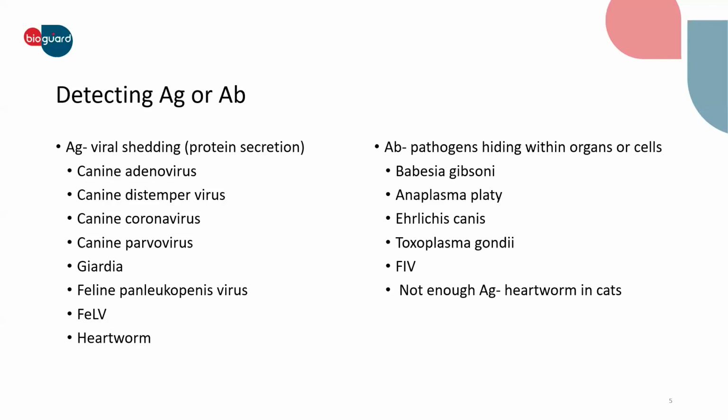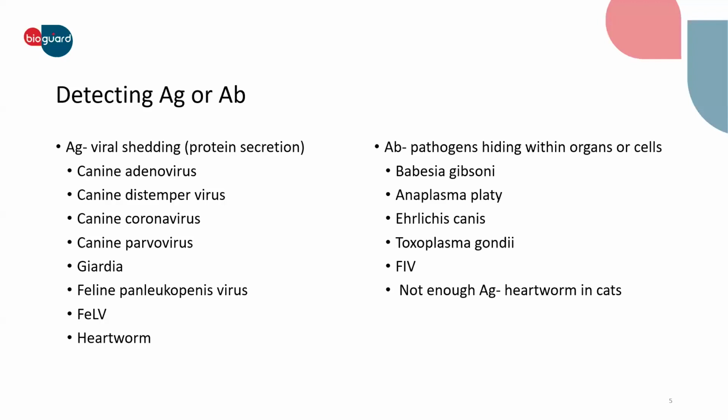Instead, detecting the antibody is easier, especially since there's no vaccine for Toxoplasma gondii. So antibody detection can prove the infection of Toxoplasma. It is a similar case for FIV.